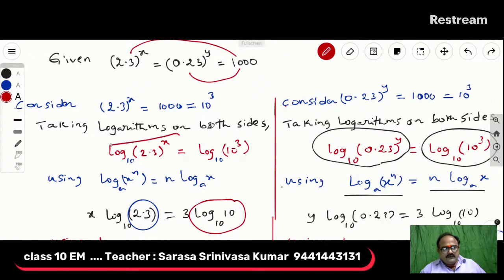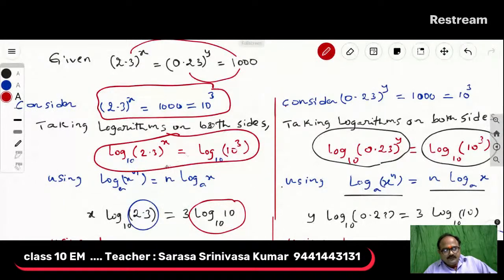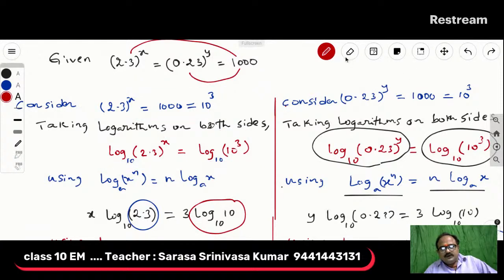So we can write log 2.3 power x base 10 equal to log 10 power 3 base 10, taking logarithms on both sides. Now we observe the right-hand side terms also.